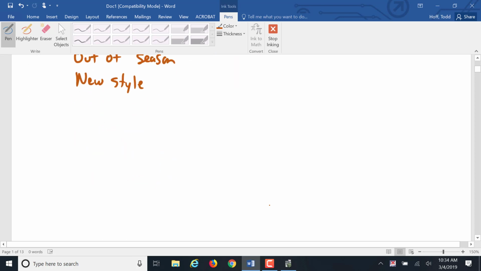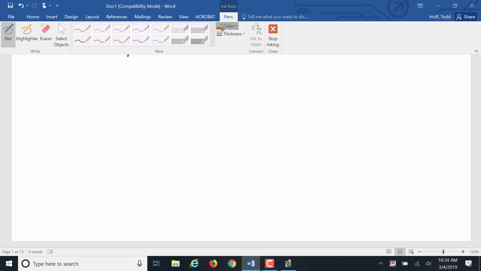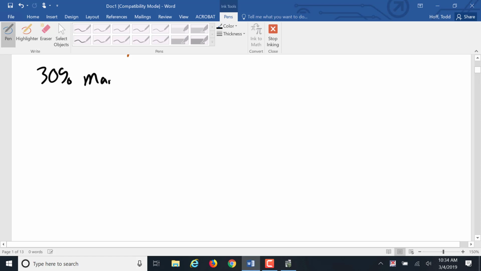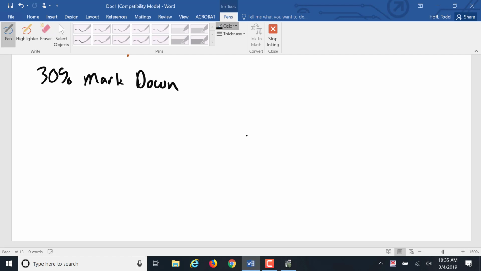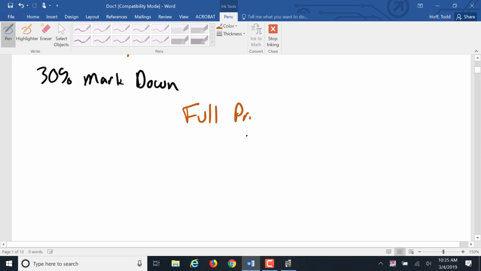And this markdown works on the same concept as a trade discount from earlier on, that producer to distributor link. So let's say we have a 30% markdown. So that 30% markdown, if we remember, the full price is 100%.